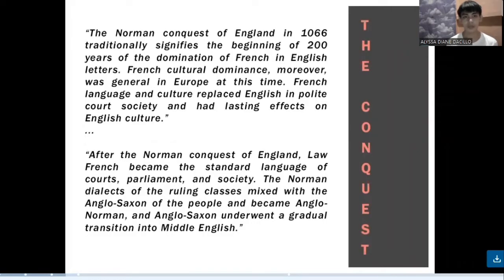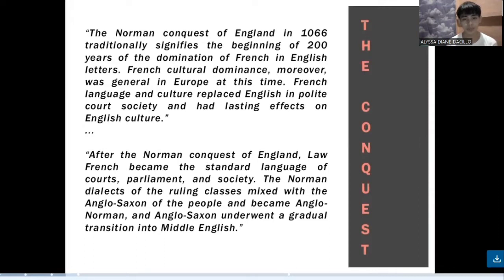The Norman conquest of England in 1066 traditionally signifies the beginning of 200 years of the domination of French in English letters. French cultural dominance, moreover, was general in Europe at this time. French language and culture replaced English in polite court society and had lasting effects on English culture.